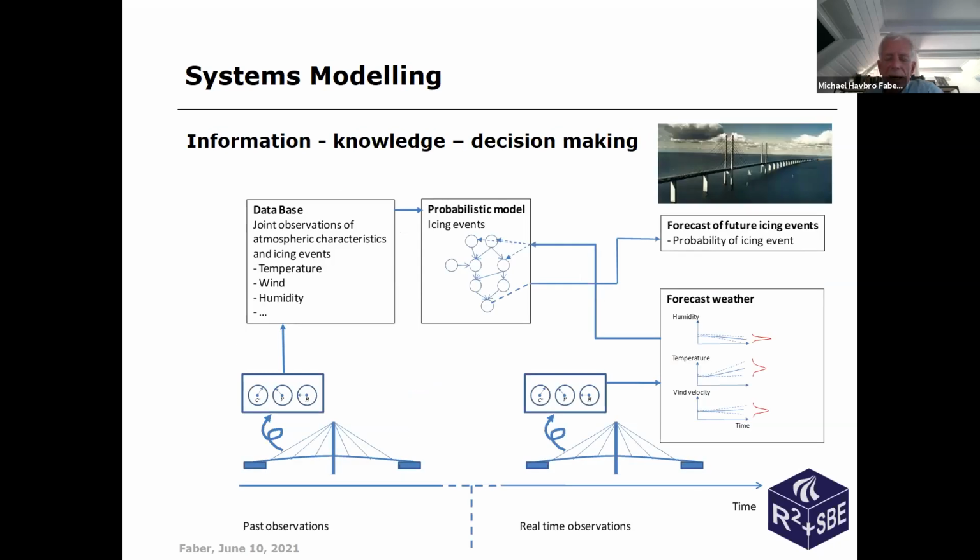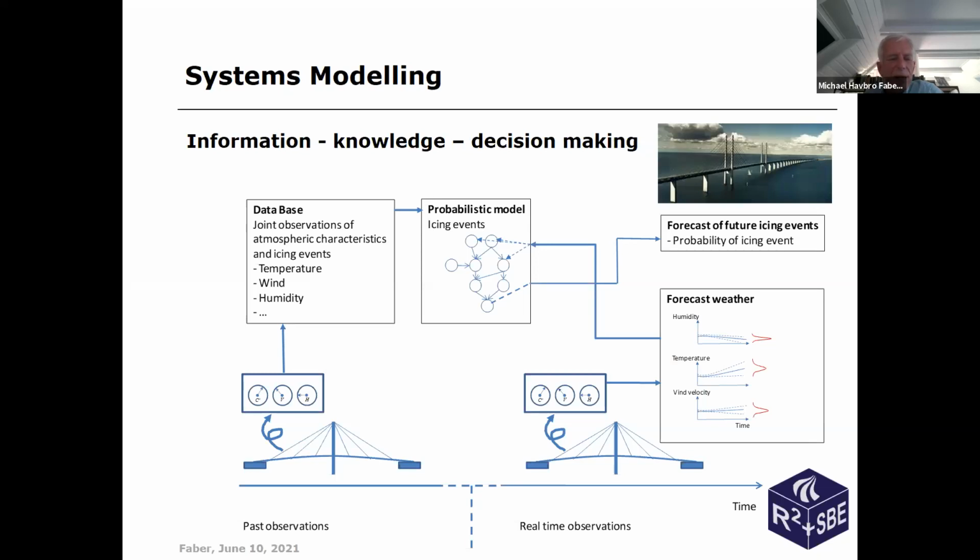Here, just another example, just to let you know that we are not only looking at offshore structures, but also bridges. Here, we are looking at stay cable supported bridges in the context of ice accretion and the possibility of dropping ice on the vehicles. And the idea is that we observe environmental conditions.